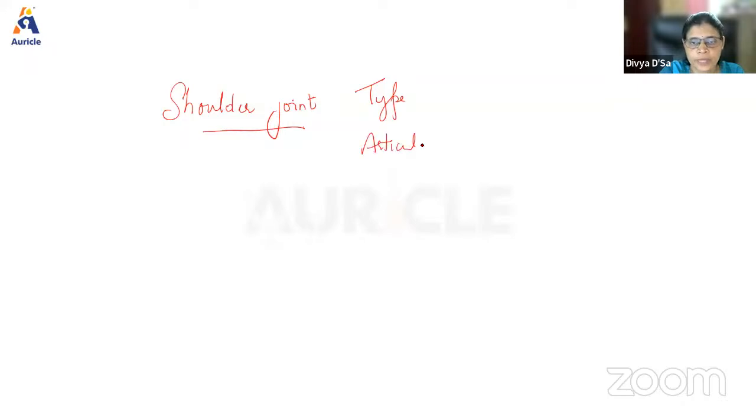So what are forming the articular surface? That is very important. Then you mention all the ligaments which provide support to the joint. You talk about the relations. Okay. And then we need to write about blood supply.